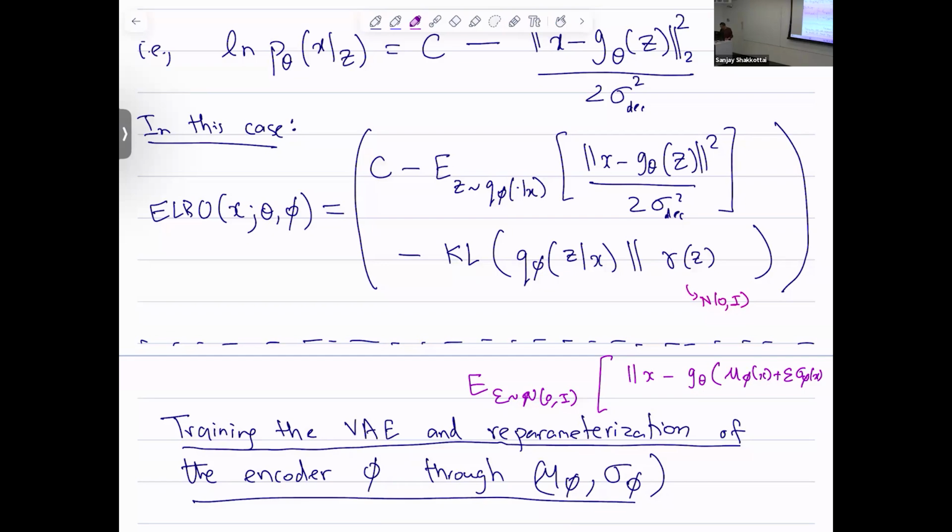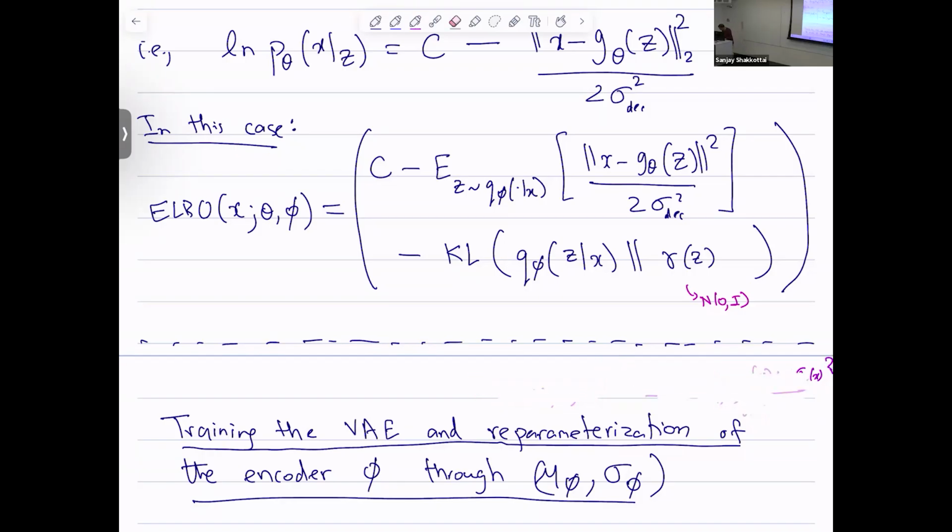I guess there's a diag, it's a matrix, so I should do the diag of that, norm square by 2 sigma decode square. Okay. And so now, once you write it this way, phi and theta are somewhere inside the expectation, and you can do chain rule and whatever else you want. It's just compositions of functions.